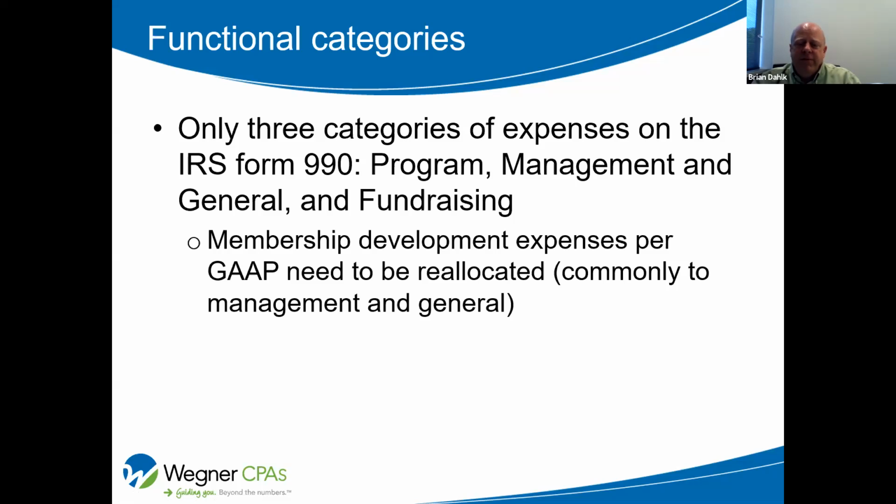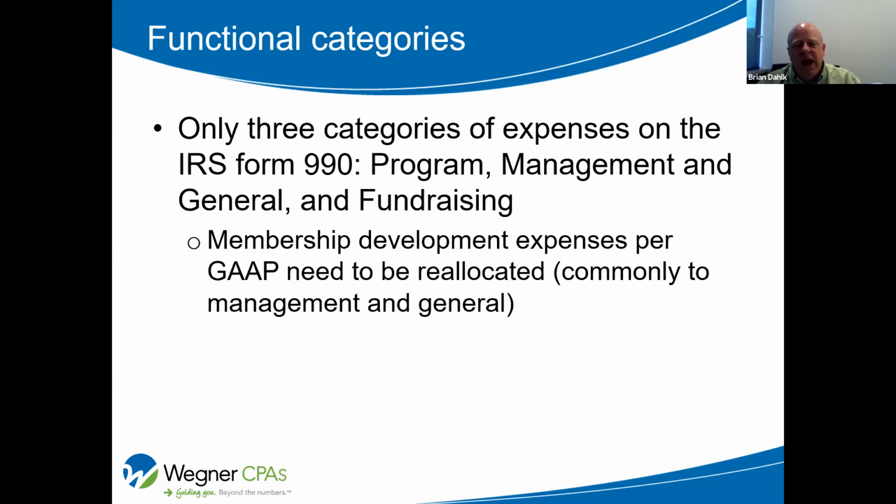If an organization has membership development and does need to fill out a 990 because it's a (c)(3) or (c)(4), then those costs need to be allocated to one of the other functions. And the most common way we see that happening, and what is a perfectly acceptable method, is for those costs to be reallocated to the management and general function.